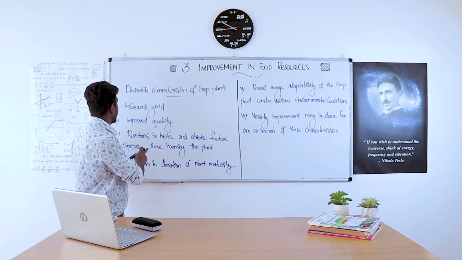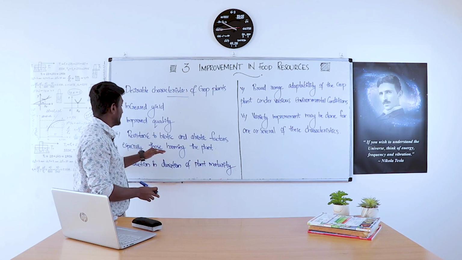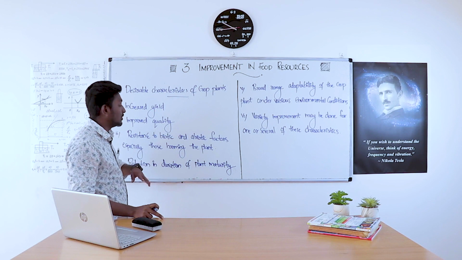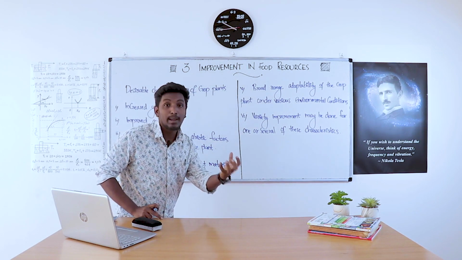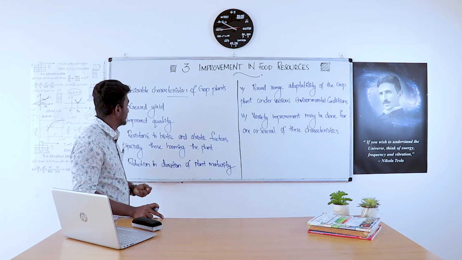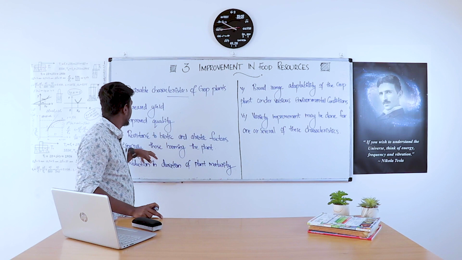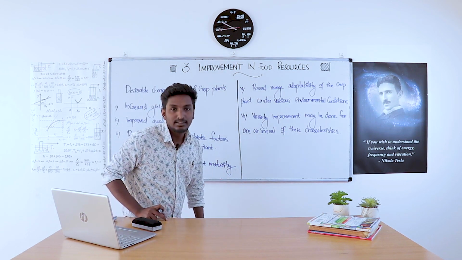Then the third character is resistance to biotic and abiotic factors, especially those harming the plant. So the crop should have a particular resistance to biotic or abiotic factors that can cause harm to the plant.